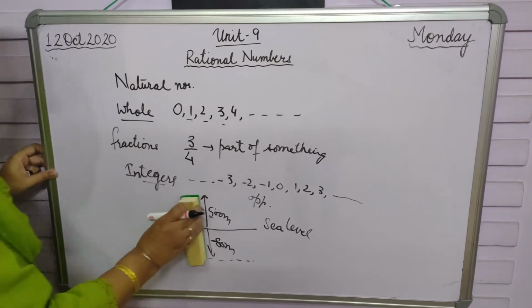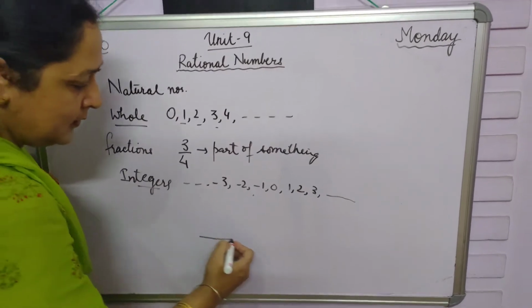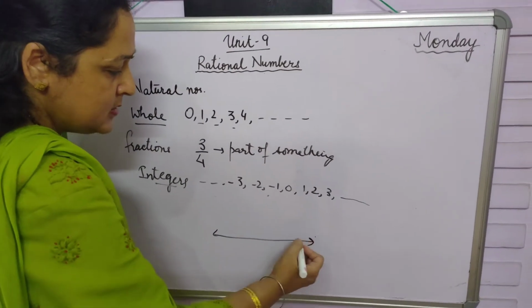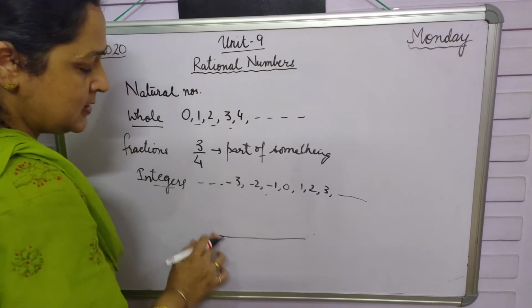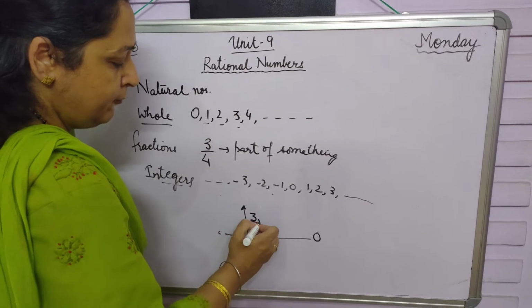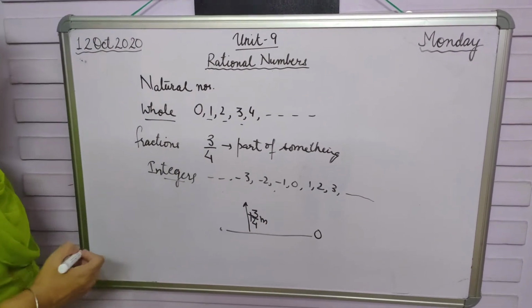So since it is denoting the opposite process, one side, up, is shown by positive and down is shown by negative. But suppose a thing is there above 0, let me consider this as 0 level, and if a thing is there at a height of 3 by 4 meter above it, it is denoted by plus 3 by 4.